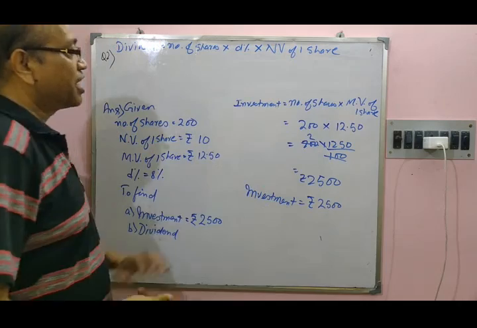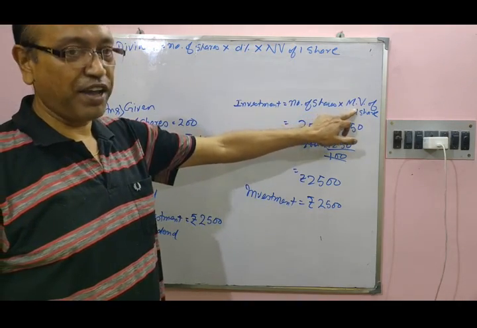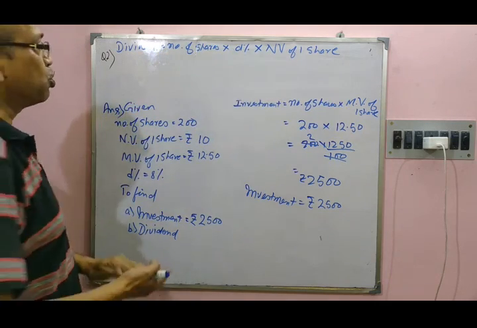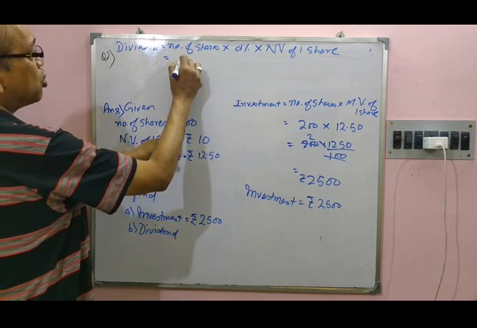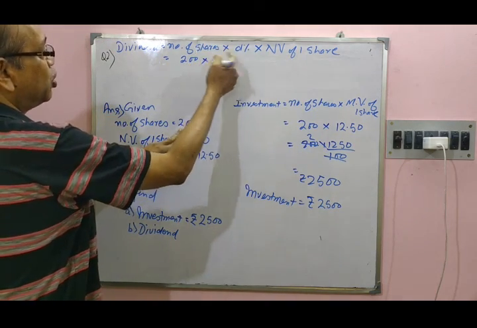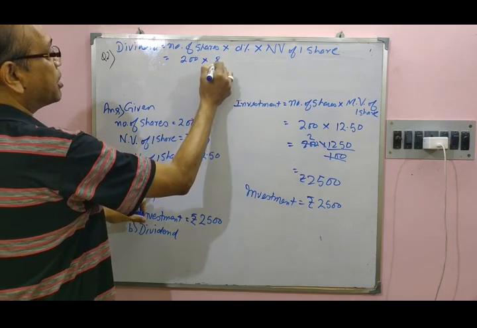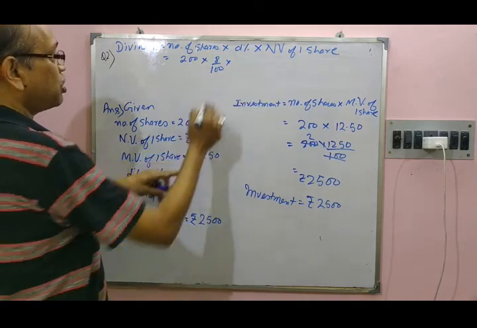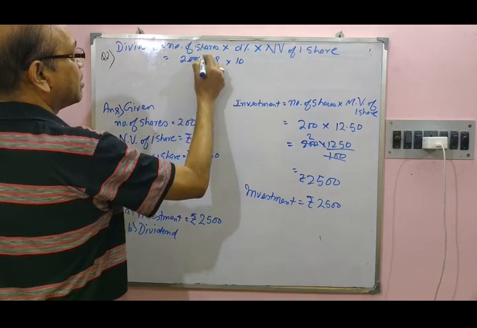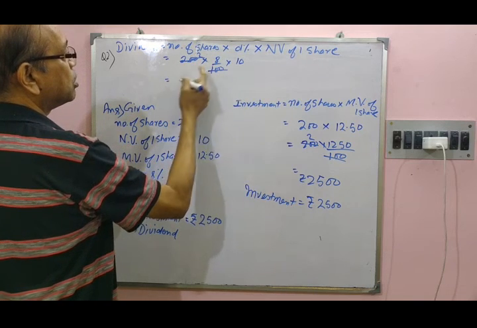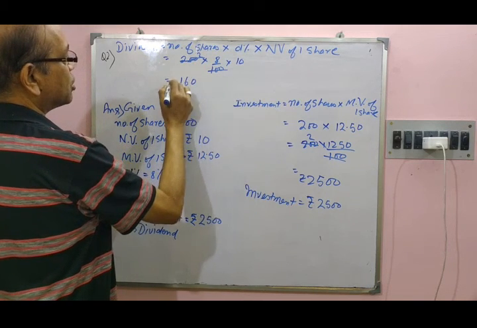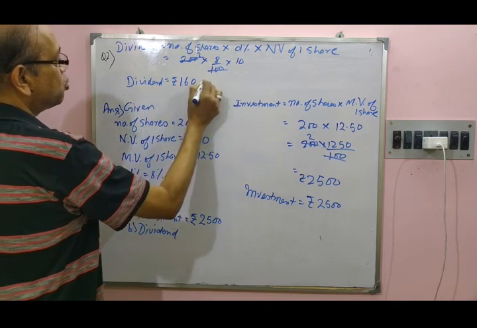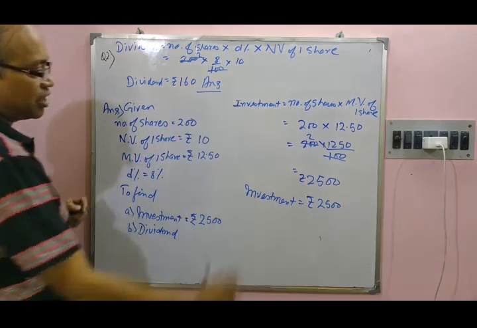I said earlier, investment is with market value, but dividend is always calculated on the nominal value. So here, number of shares 200 into D%, 8%, into nominal value. Nominal value was 10. That gives 160. So your dividend is rupees 160.